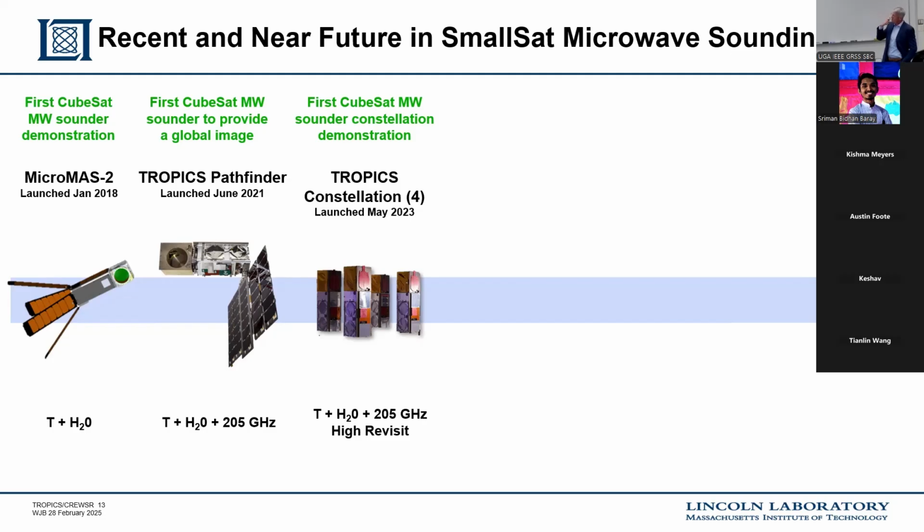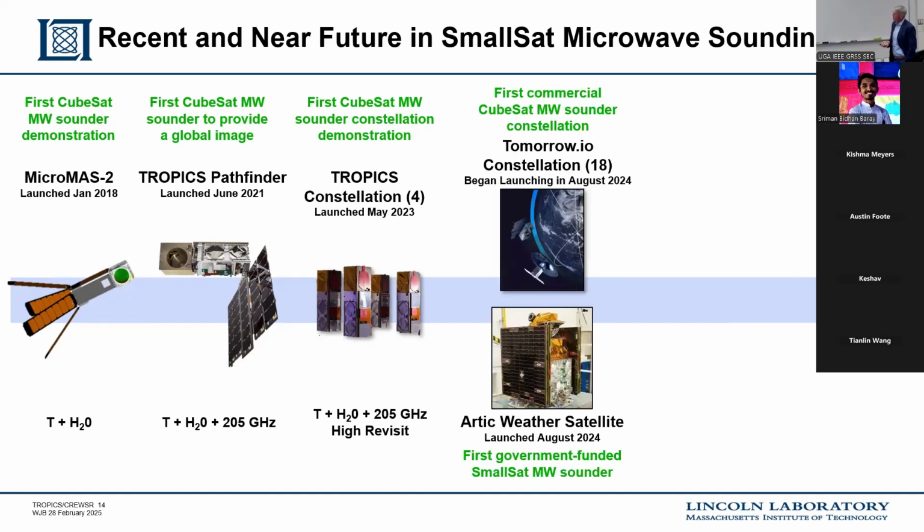We launched the constellation back in 2023, so I'll show a lot of data for that. So this is really the first constellation demonstration. And then more recently, we've seen some activity. We actually did a technology transfer of the TROPICS technology to a company, Tomorrow.io, who is now launching their own network of satellites based on TROPICS technology.